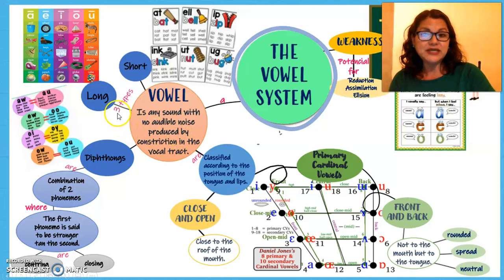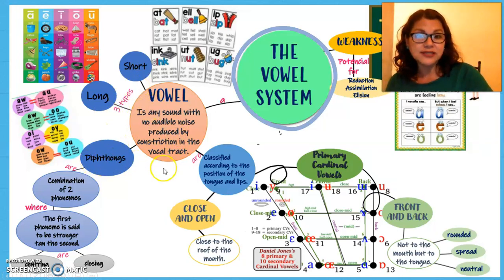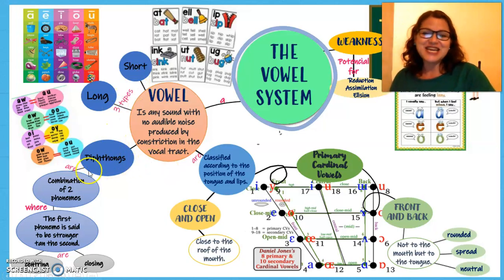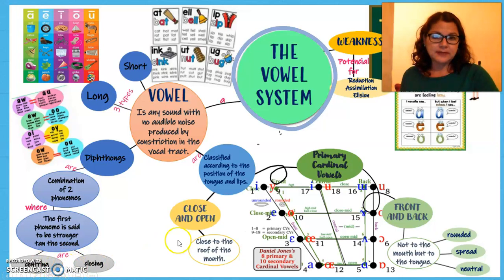There are three types of vowels: short, long, and diphthongs. Diphthongs are a combination of two phonemes, where the first phoneme is said to be stronger than the second, and they are centering and closing.